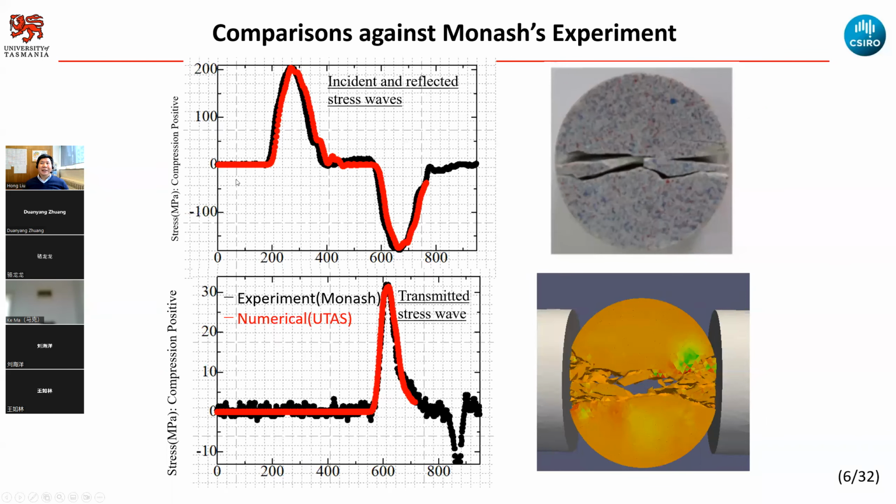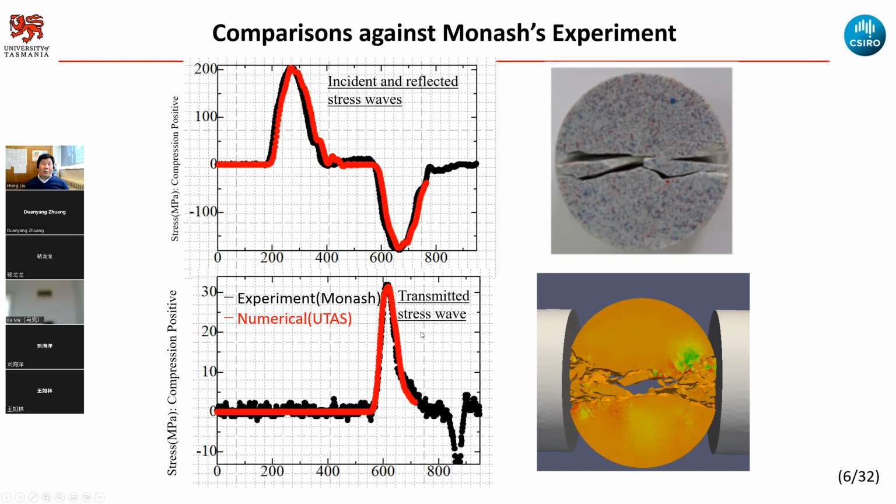So you can see the stress wave, either the incident stress wave or the transmitted stress wave, corresponds very well. And we have much less noise compared with the experimental test.